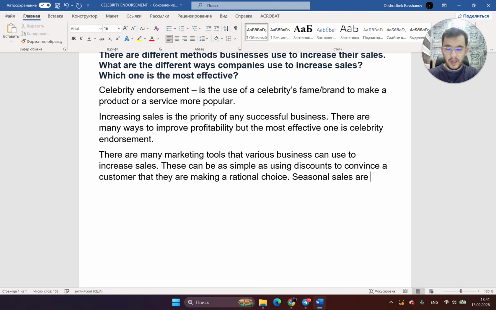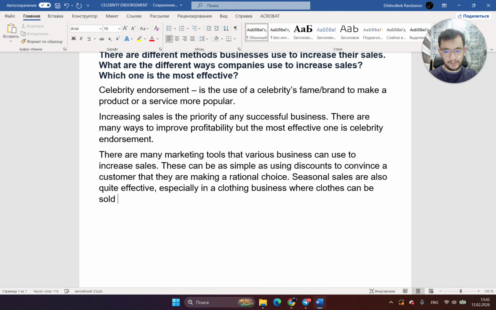Seasonal sales are also quite effective, right? Especially in a clothing business where let's say clothes can be sold... Do I need to specify it? I don't think so.